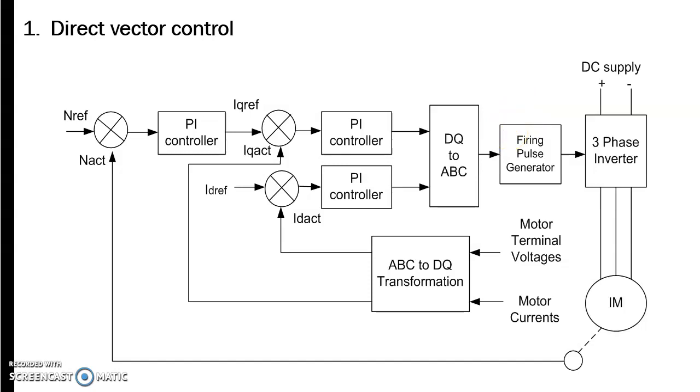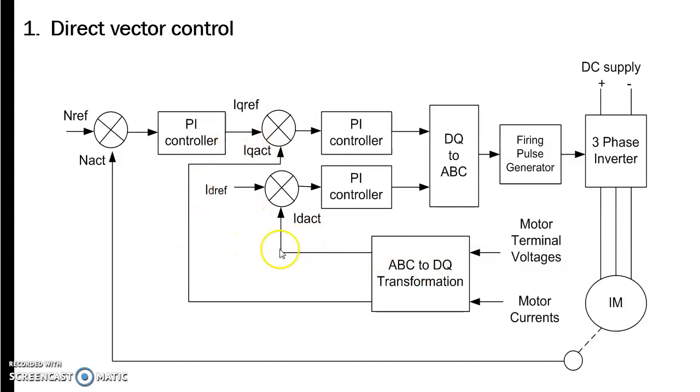This is the direct vector control of induction motor. Here you can see that a three-phase inverter is feeding the induction motor, but this inverter is controlled using vector control. And you know that in vector control, the three-phase current is converted into DQ, the ABC to DQ transformation. Motor currents are sensed and converted into DQ, that is ID and IQ.